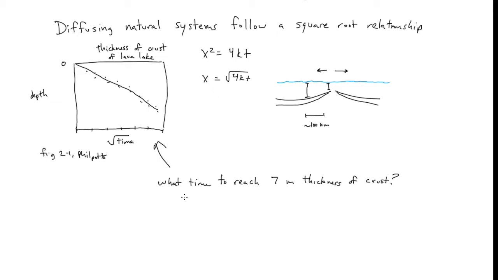So we would take that same equation, in this case solving for time, x squared over 4k. Put in 7 meters squared, and I'll just type this up.